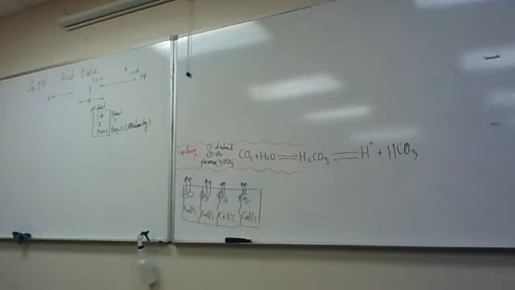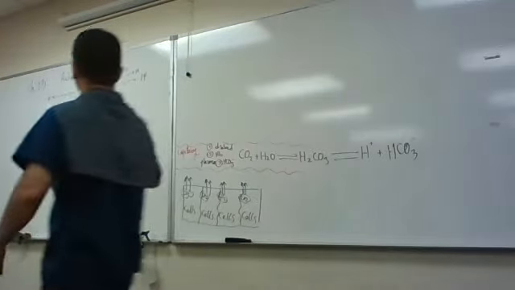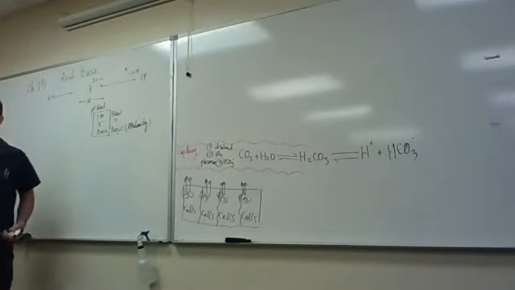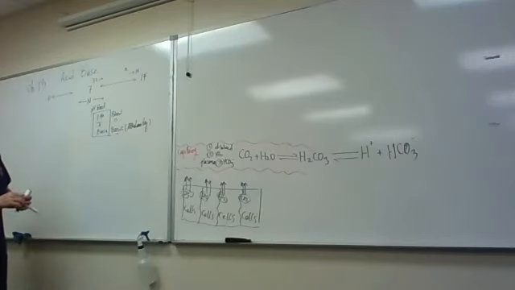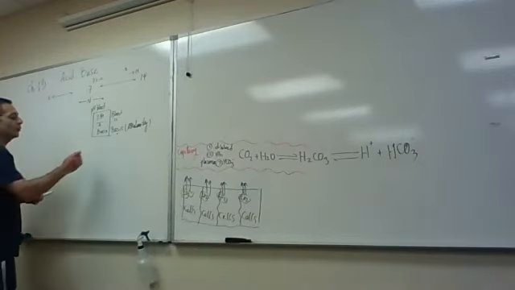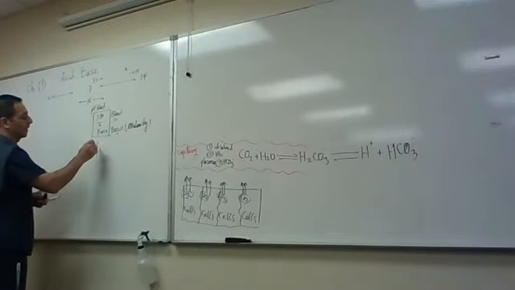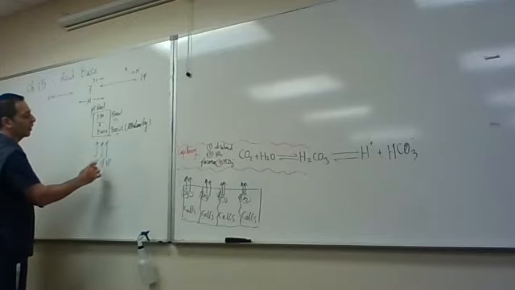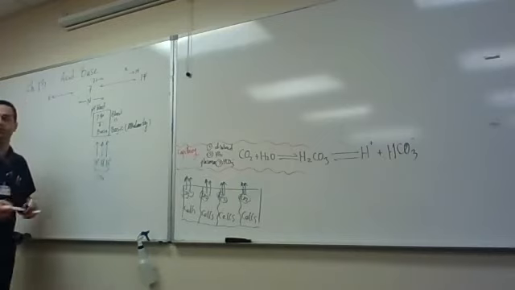And when we call this a buffer system, look at what we have. We talked earlier about pH 7.4 in our blood. We said our blood is basic. The reason it is basic is because we are constantly introducing hydrogen ion or CO2 into the system.